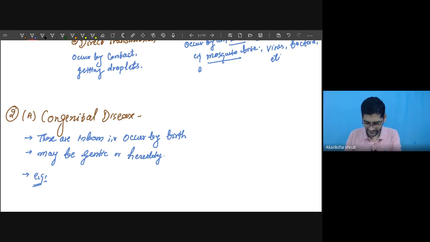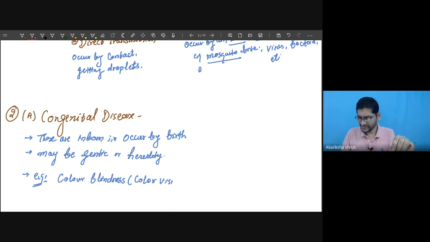Let us write this: color blindness. In color blindness, the person is not able to differentiate between different colors of minor contrast.